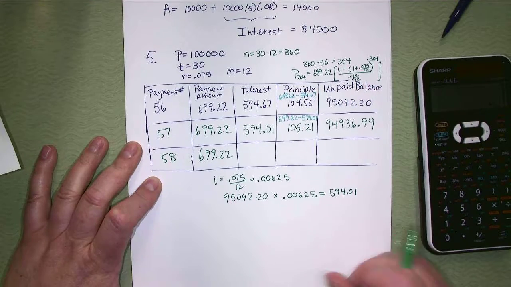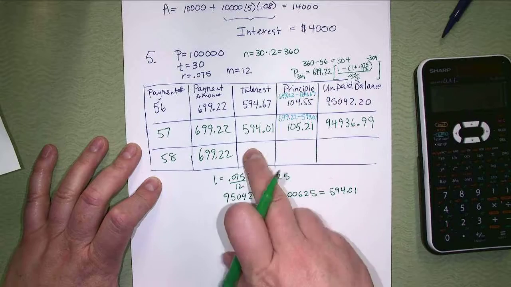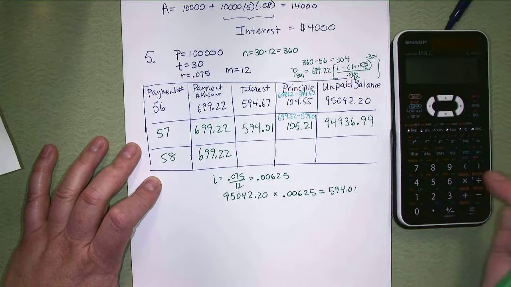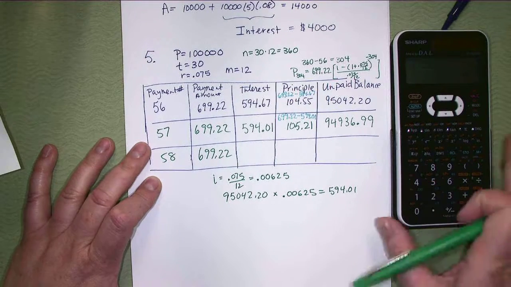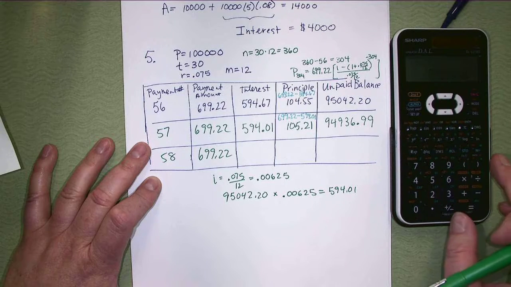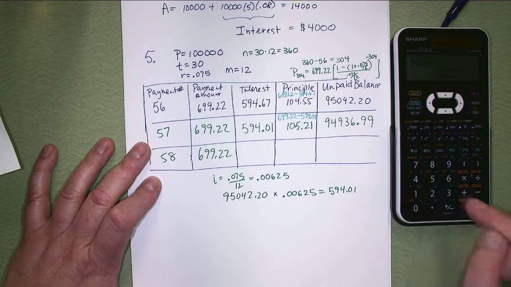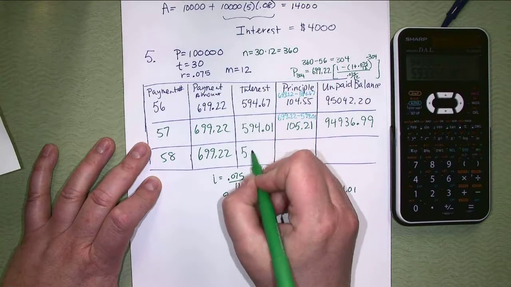Oops, I didn't mean to clear it. If you keep that in your calculator, you can then times by your interest. So 943 times 0.00625.